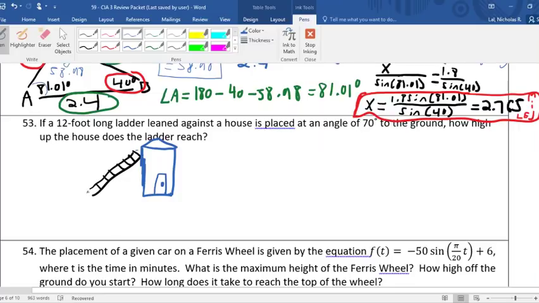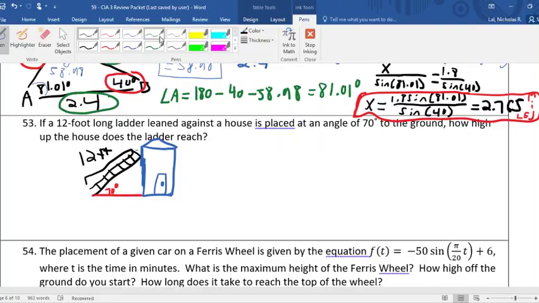The angle is placed at 70 degrees to the ground. And the ladder is 12 foot long. So that length is 12 foot.